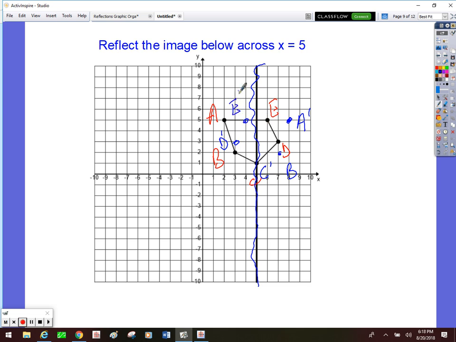And what I have is this new shape that's laying right on top of the other one. And if you think about it, my original shapes, I had 1, 2 on the left side, I had 1, 2 on the right side, and I had 1 on the line. And all I did was the 2 to the left went to the right, and the 2 to the right went to the left, and C stayed where it was.